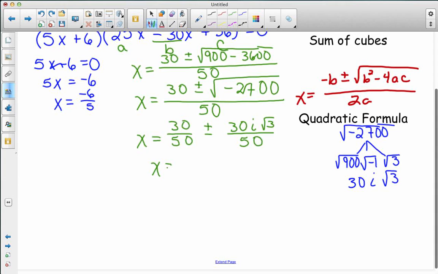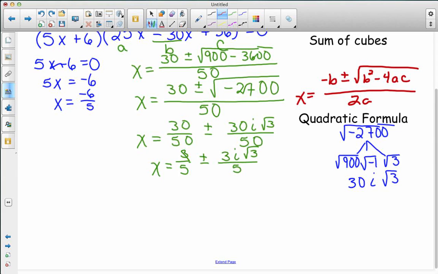So x equals 3 over 5 plus or minus 3i times the square root of 3 over 5.